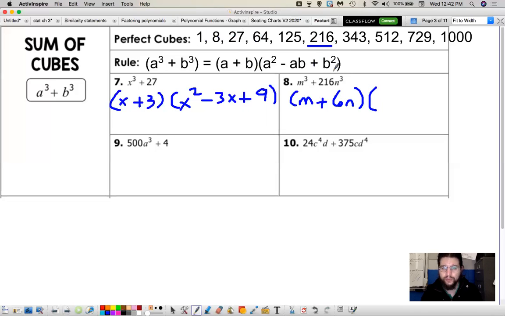Plug it in this formula. A squared, m squared, minus AB, 6n times m, 6nm, or mn, doesn't matter. Really doesn't at all. Multiplication is commutative. Plus, now 6n squared, so that's 36n squared. 6n times 6n.